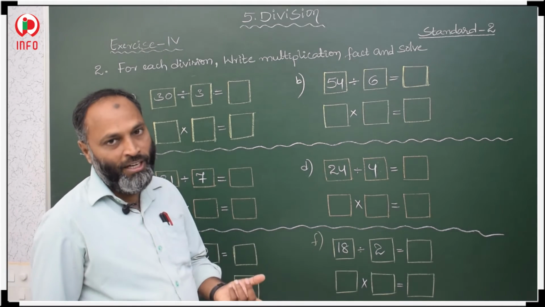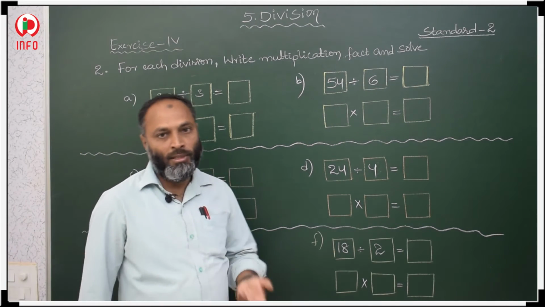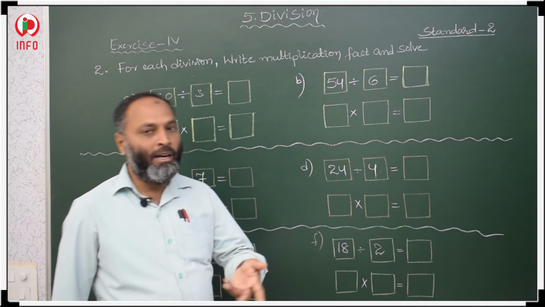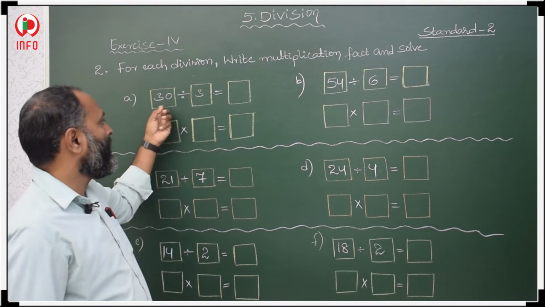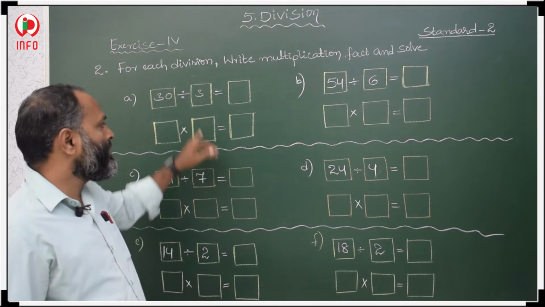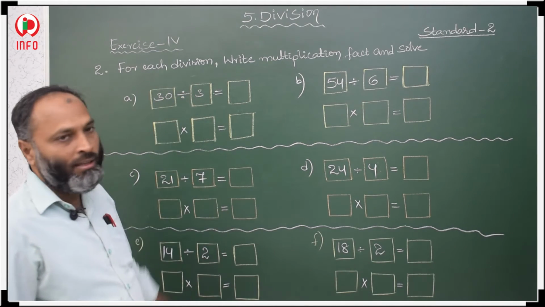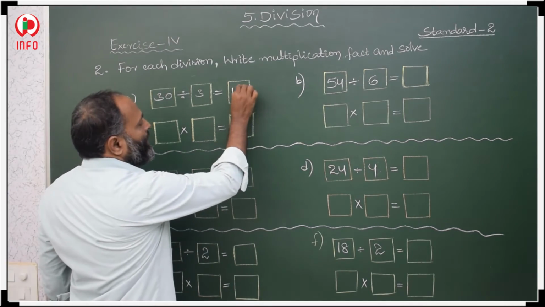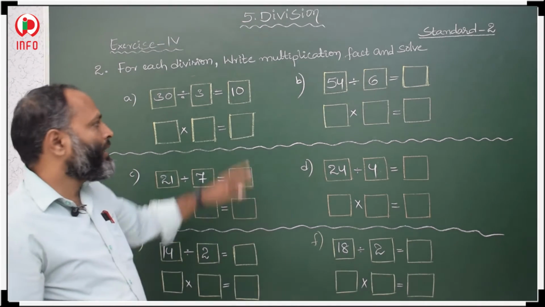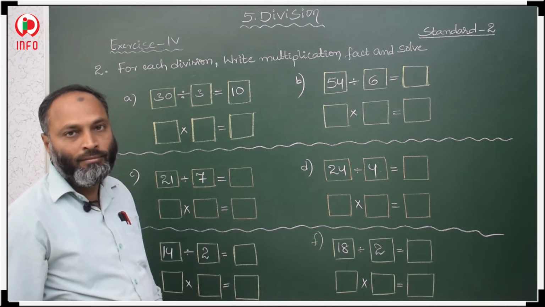On the number line we did continuous repeated subtraction. So, how to do 30 divided by 3? Check in the 3 table, when will you get 30? 3 tens are 30, that 10 you have to write here.